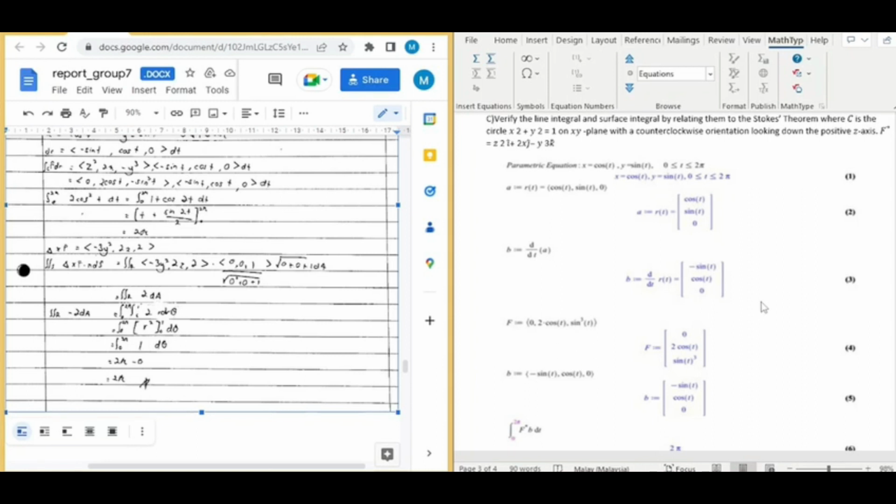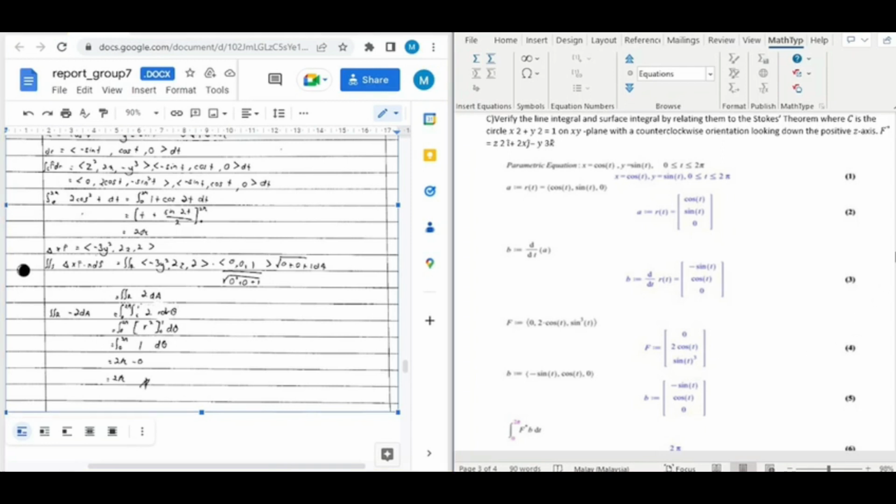Okay, for the software solution, the parametric equation is x equal to cos t, y equal to sin t, with t between 0 and 2 pi. Then declare a equal to r(t) equal to cos t, sin t, 0, and then b, d over dt of a, f is 0, 2 cos t, and sin cubed t, then b is negative sin t, cos t, 0.